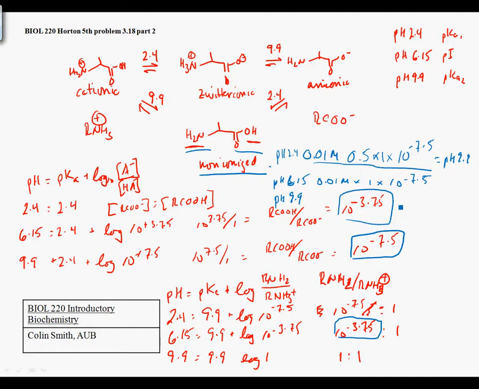Notice that I'm not going for an exact solution here, partly because there's the assumption of what the pKa is of this non-ionized form relative to the cationic form, and the non-ionized form relative to the anionic form is an assumption, and the accuracy of the assumption is quite a bit looser than we would ever care for these numbers to be, because 10 to the negative 7.5 is an insignificant number for this form.